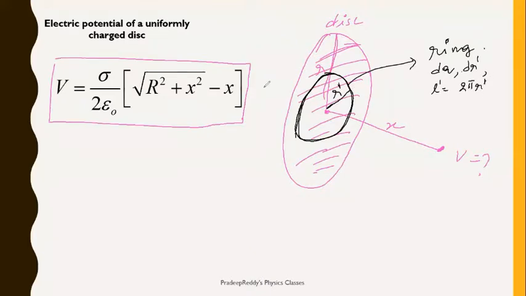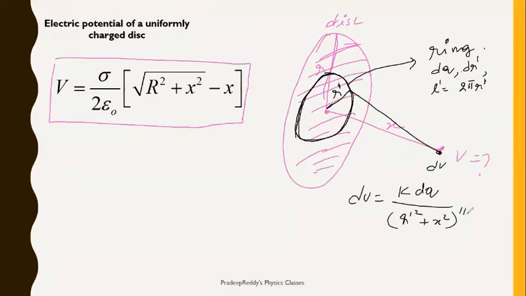Now because of this very small ring, you should find out electric potential first. From this very small ring, you will be finding out electric potential dV, right? So the dV equation which we derived in the previous part for a ring, that potential you will be writing here. dV is equal to K into dQ divided by (R dash square plus X square) whole power 1 by 2.